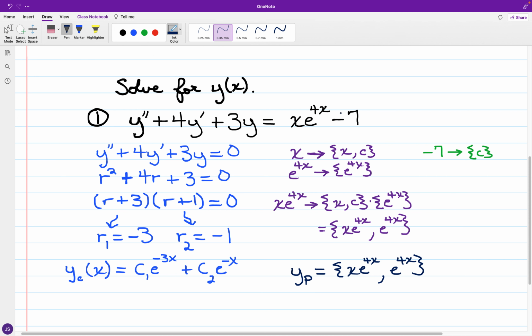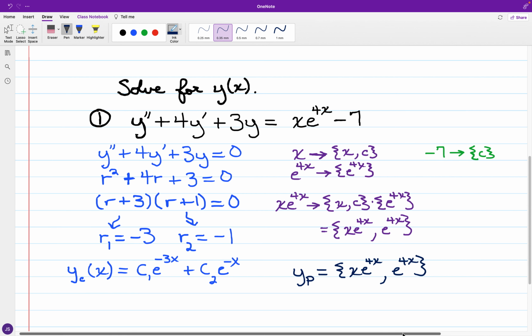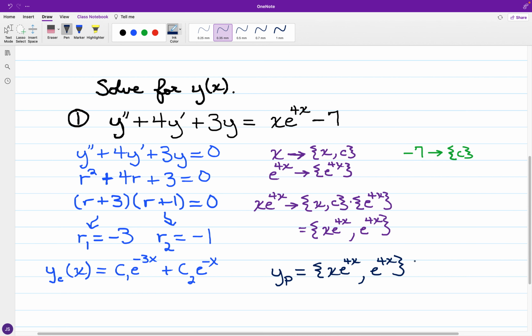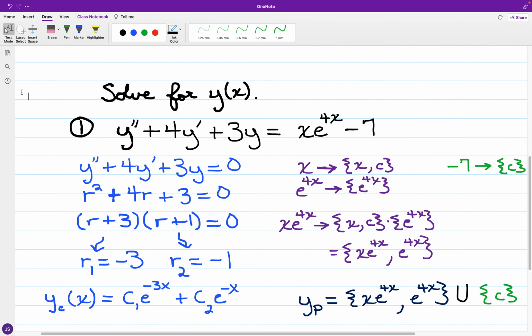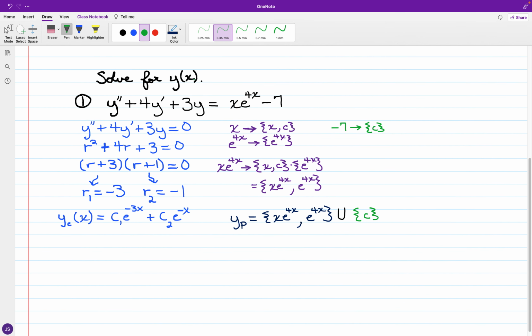And if you notice, we have the operation of subtraction separating xe to the 4x and minus 7. In terms of what to do with the families of derivatives, you can take the operation of union. So we're looking at taking the union of xe to the 4x and e to the 4x with a constant. And once we take the union, again, there's no repetition of elements.